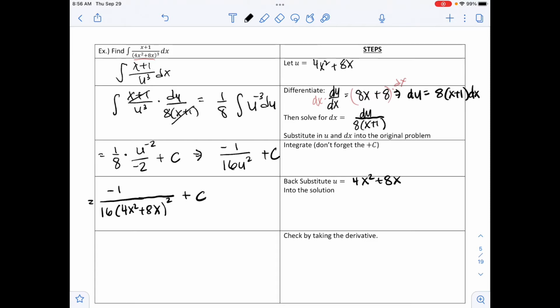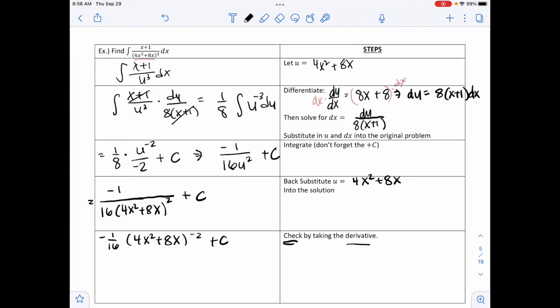And we can check this by taking the derivative. And so in order to do that, I'm going to rewrite my answer, negative 1/16 times (4x squared plus 8x) to the negative second plus c.